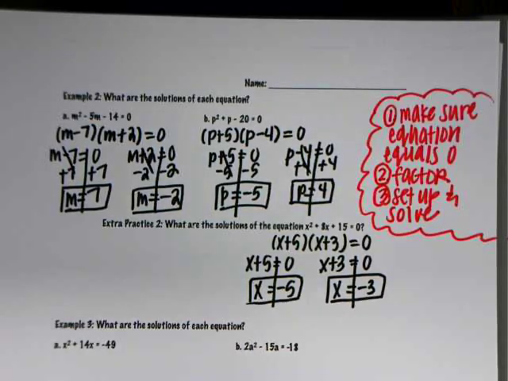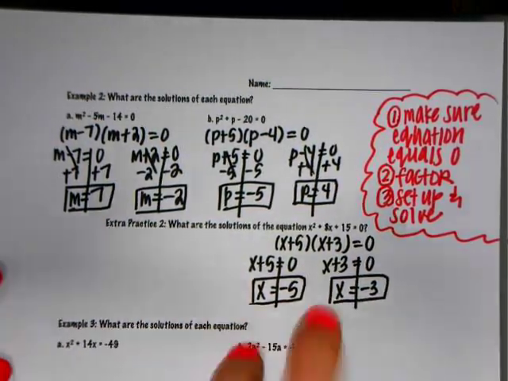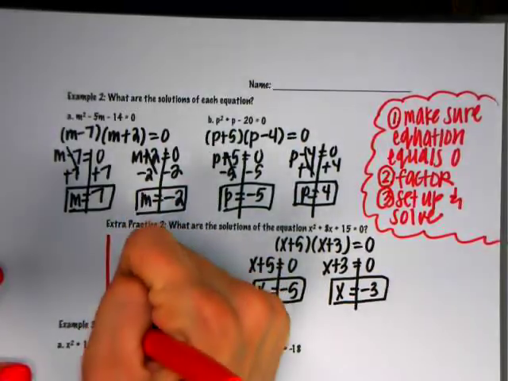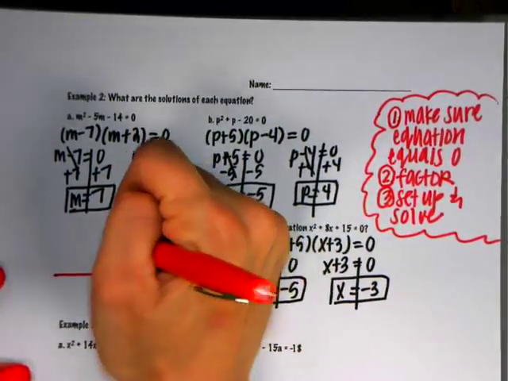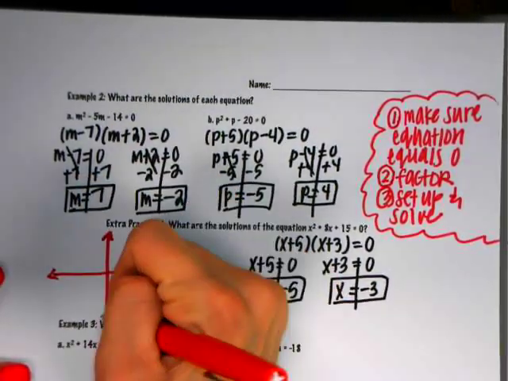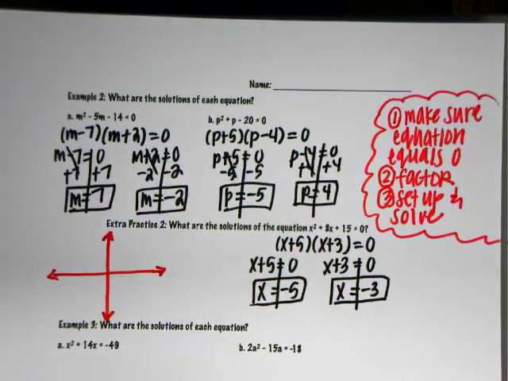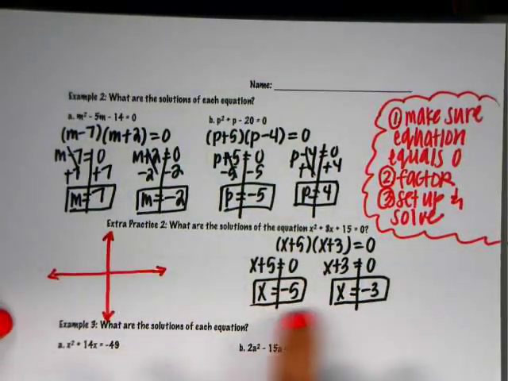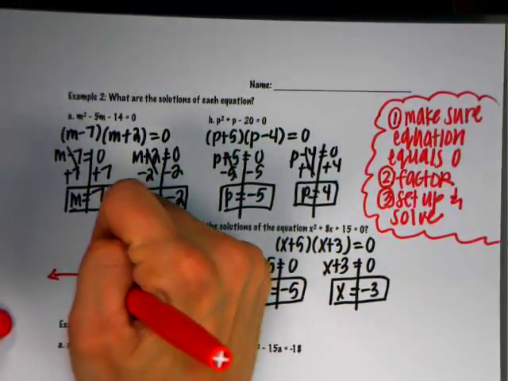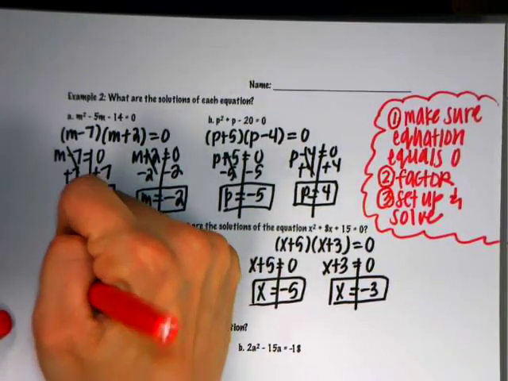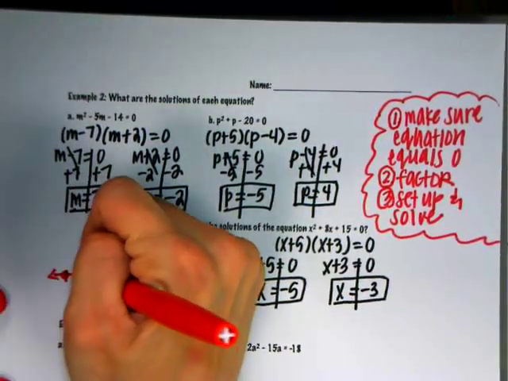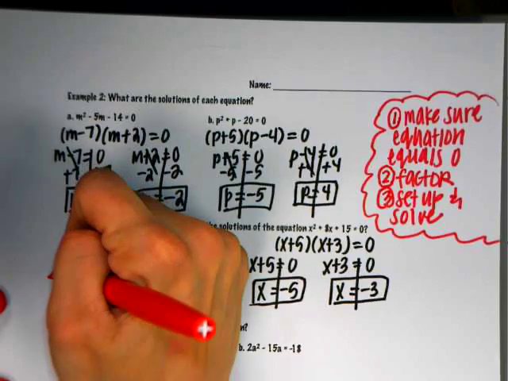Agreed? So this is translating that same way. If I were to graph this, which you will learn how to do at the end of this unit, these would be the x-intercepts for this parabola. So it would be passing through negative 5 and negative 3, like that.